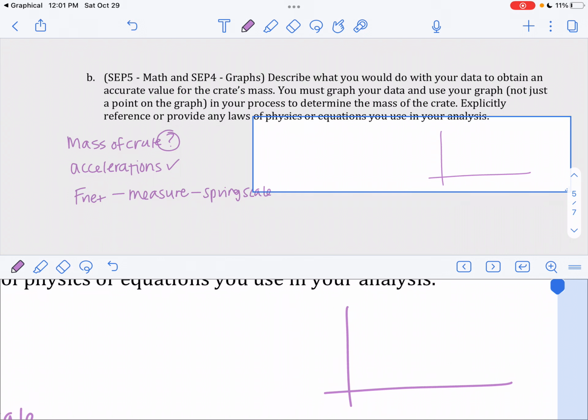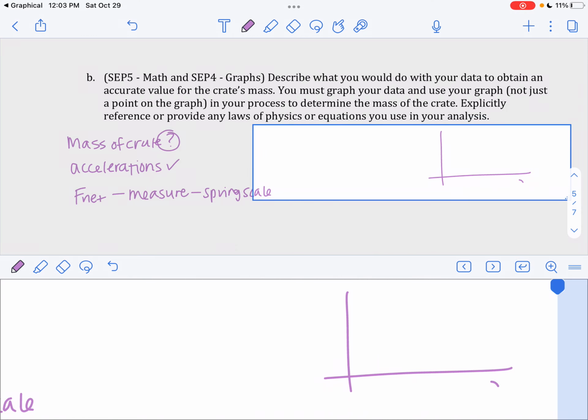And so I want to be able to use my graph to figure out what my acceleration is, or figure out what my mass is. So I need to make a graph that has something that means mass. So I'm probably going to do acceleration since that's given to me on my x-axis. That's a variable that I can change.